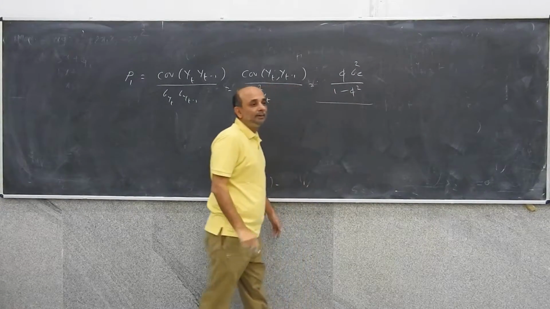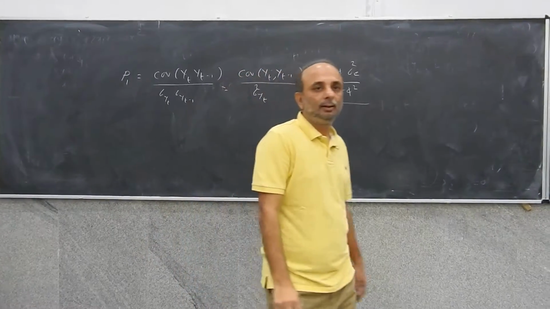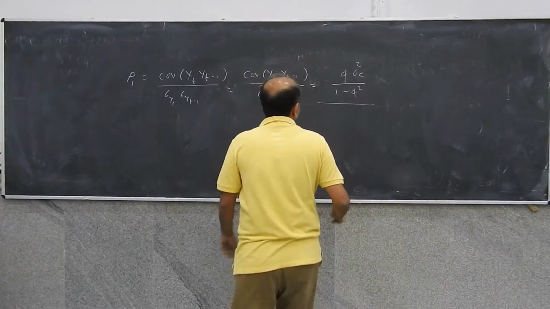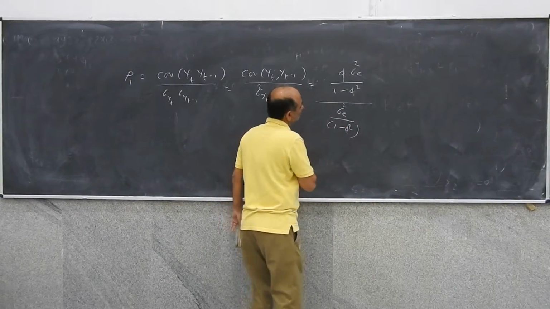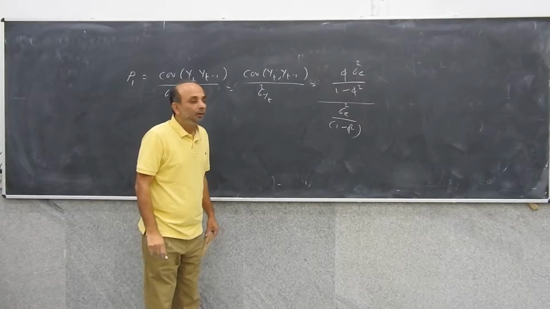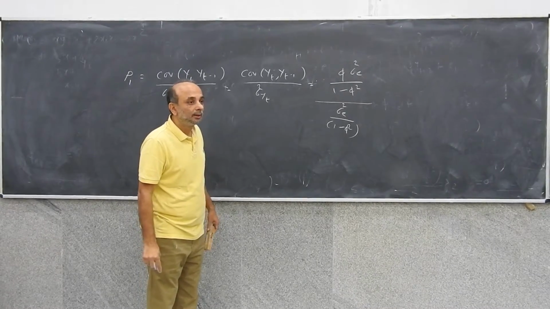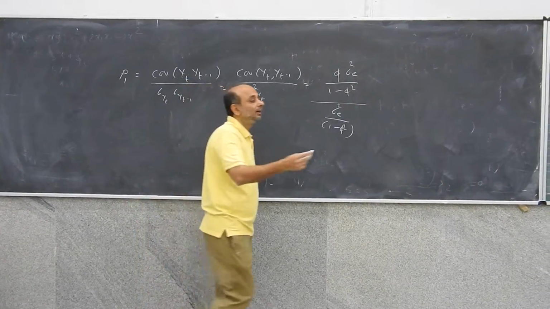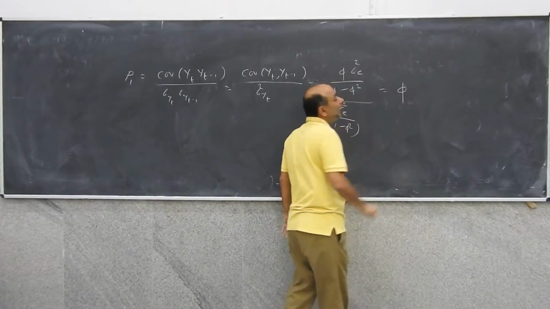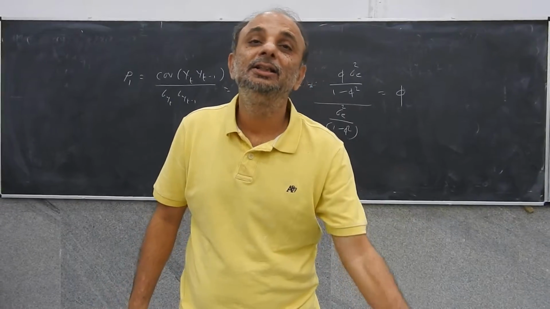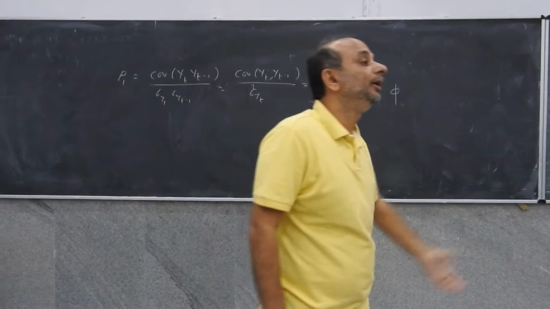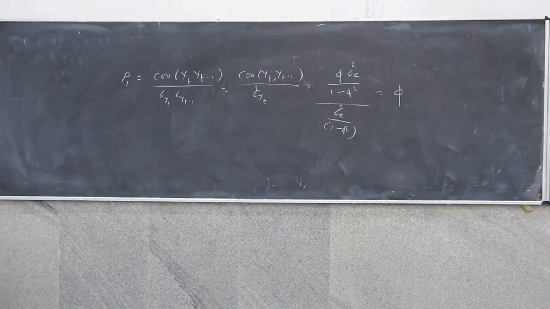The whole thing divided by sigma square y. So what remains? Phi. Phi is called the autocorrelation coefficient. That is, this is autocorrelation of order 1. The correlation between yt and yt minus 1.